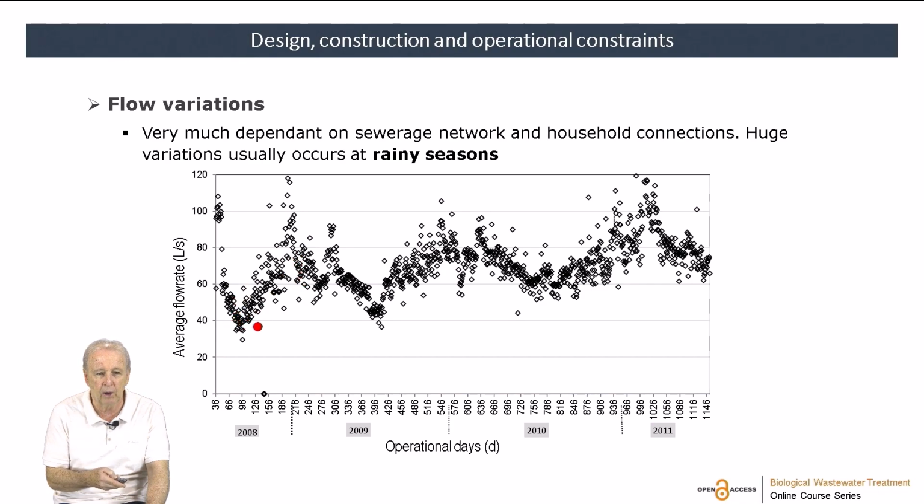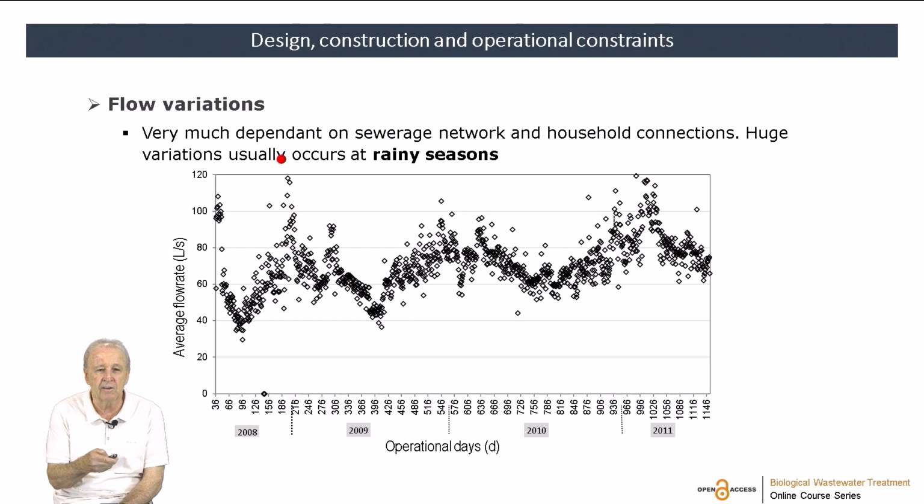We know the variations along the year: lower flows in the winter, higher flows in the summer, the same in the following year, winter, summer, winter, summer. But what is not expected, and the treatment process cannot deal with, is that if the average flow is 60, the maximum flow rate in the rainy season should be around here, 80, maybe 90 liters per second.